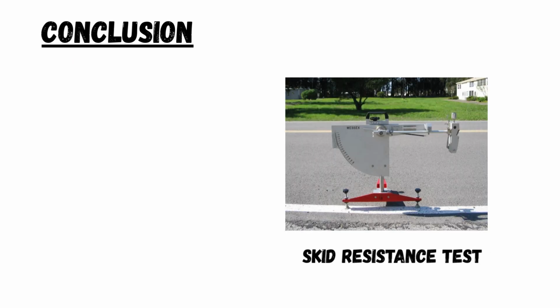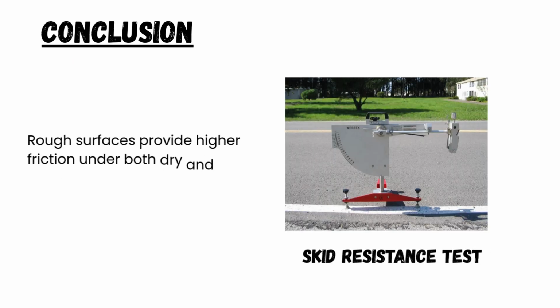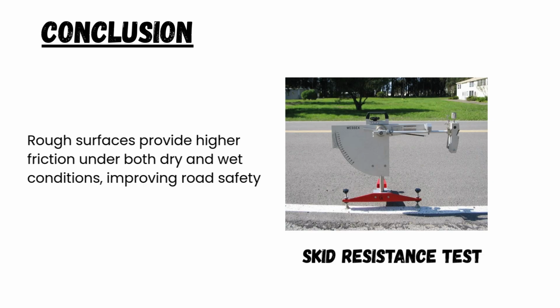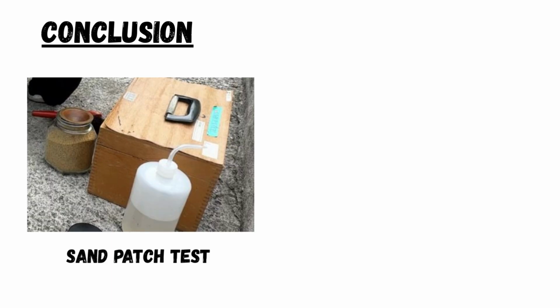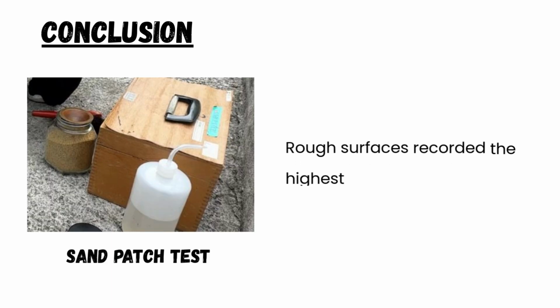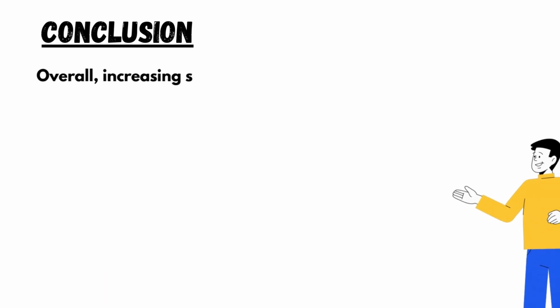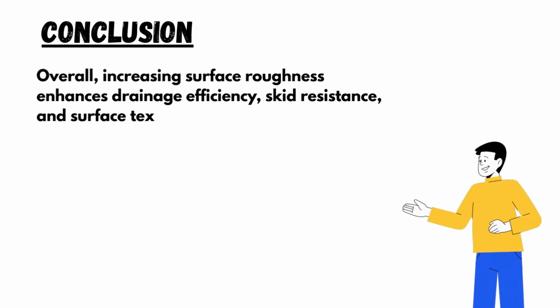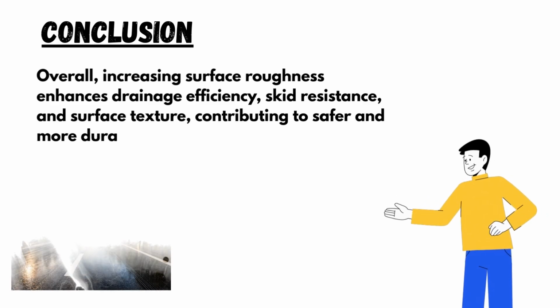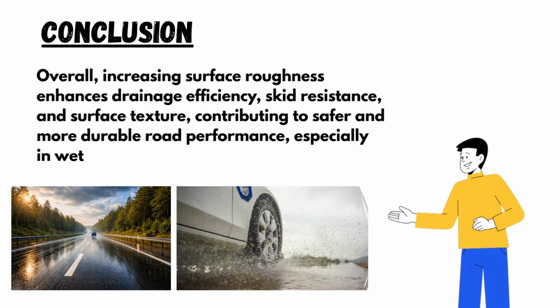The skid resistance test demonstrated that rough surfaces provide higher friction under both dry and wet conditions, improving road safety. The sand patch test further supported these findings, as rough surfaces recorded the highest macro texture depth. Overall, increasing surface roughness enhances drainage efficiency, skid resistance, and surface texture, contributing to safer and more durable road performance, especially in wet conditions.